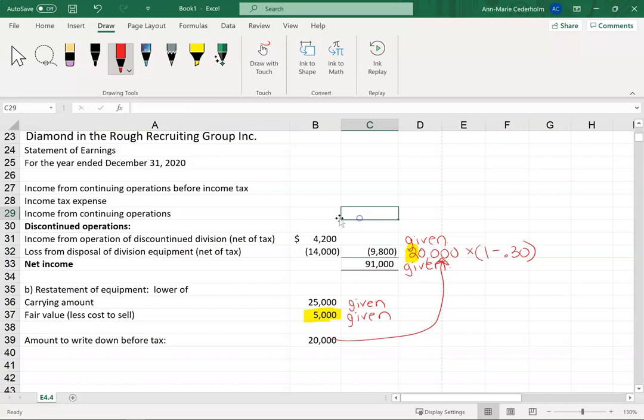And now we can just work backwards from our income statement. So the income from continuing operations would be the 91,000 and then just minus everything on the opposite side of the line. So that's 100,800, and I just plugged that. And now my income tax expense is 30%.